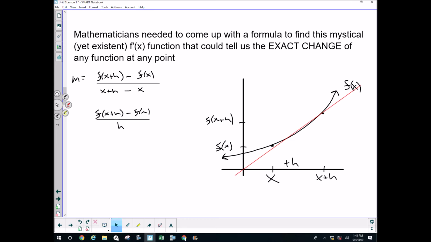And they said, take these two points and put them infinitely close together. Now, as the points get closer and closer together, what happens to this h distance? It's getting smaller and smaller. Approaching what value? 0. Very good, guys.